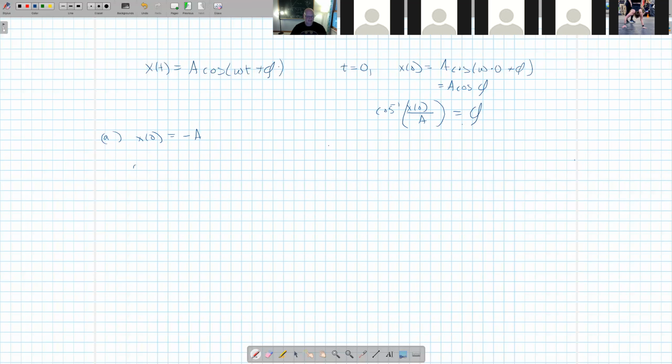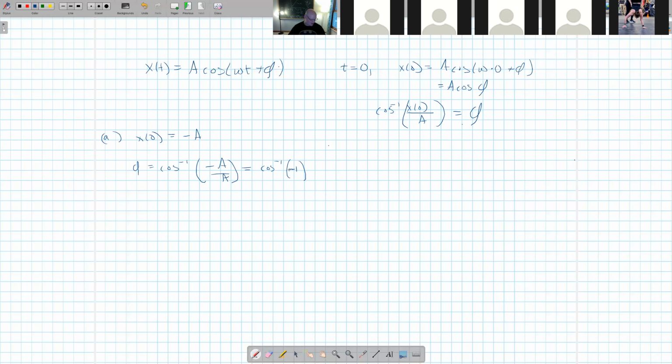So using this says that our phase factor then would be equal to the inverse cosine of negative the amplitude divided by the amplitude, which is the same thing as the inverse cosine of 1. So, or sorry, negative 1. There we go. Negative 1.